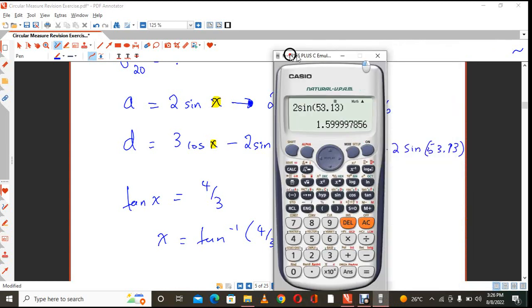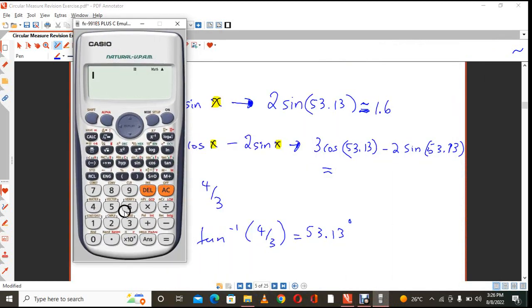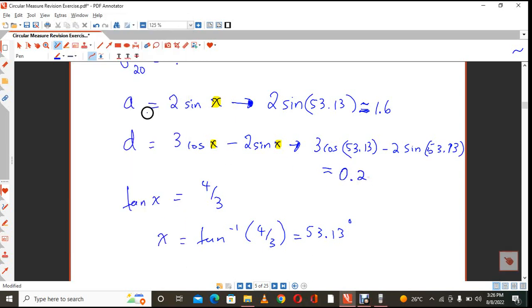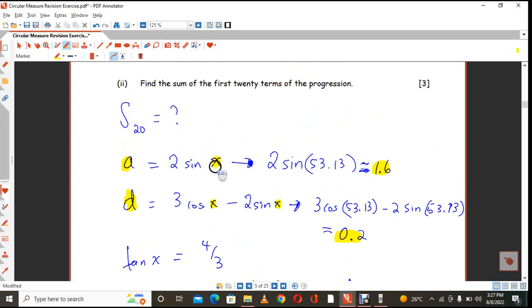So we hit 3 cos 53.13 minus 2 sine 53.13. Good, we get the value. So our common difference is about 0.2. So what do we have now? We have our d value, which is 0.2. We have our first term, which is 1.6. Now we can actually find the sum of the first 20 terms.